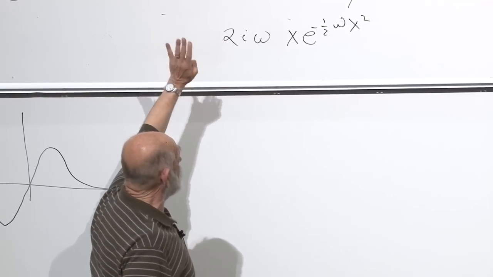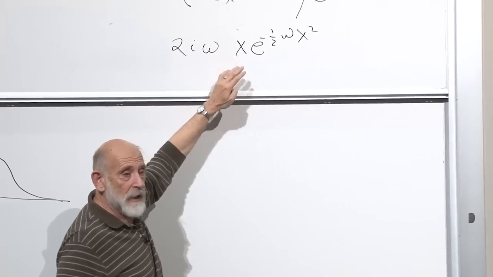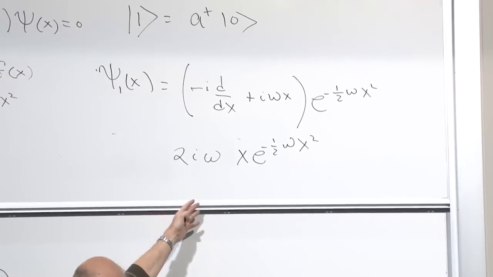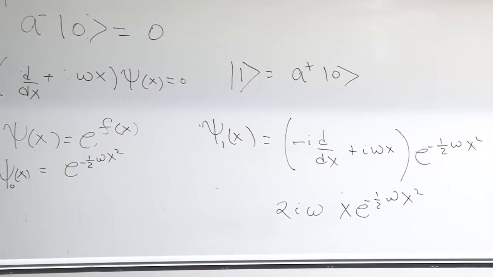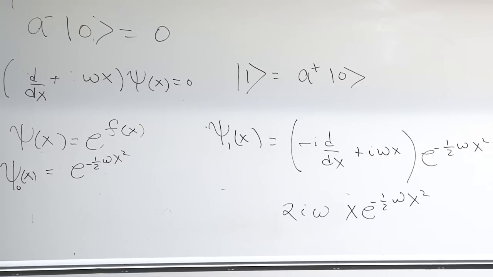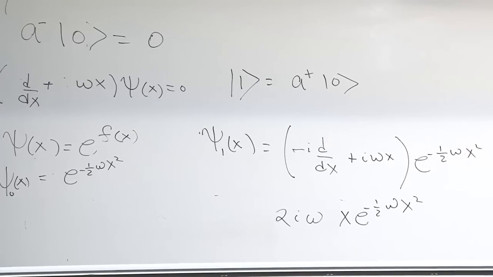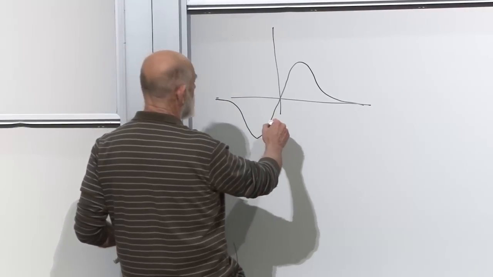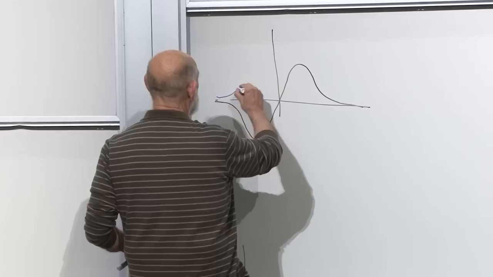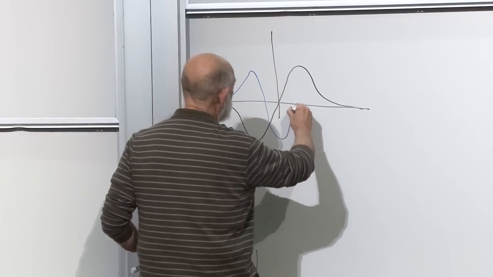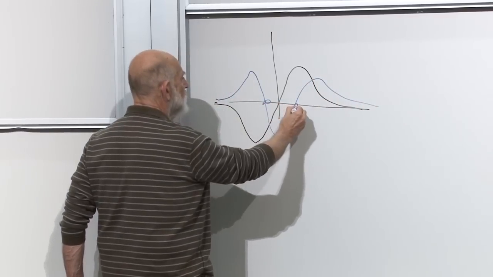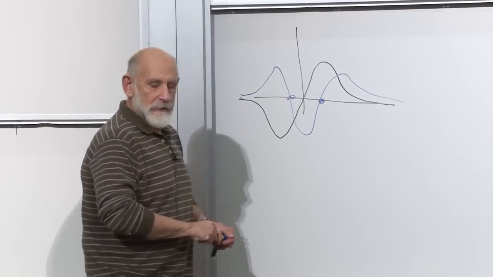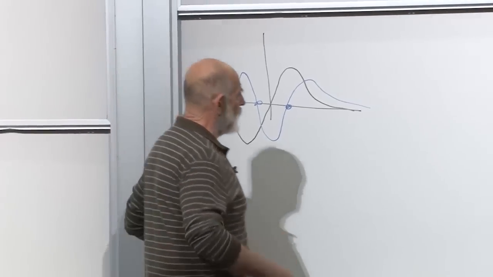Each time you hit it with another A plus, it'll give you x squared plus another term, x cubed after a while. Each time you'll get a higher and higher order polynomial, and each time you'll add a node. So the next wave function, the second excited state, has 2 nodes. The third one has 3 nodes. And if you work out the 17th, it looks something like this.